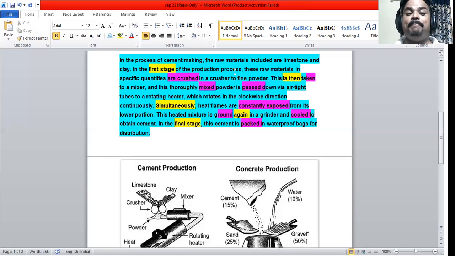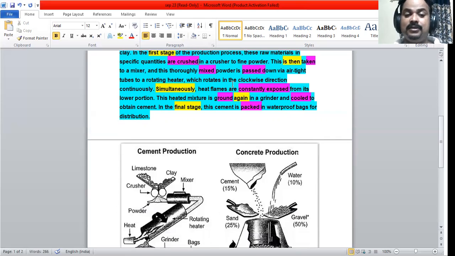This is then taken to a mixer and thoroughly mixed. This thoroughly mixed powder is passed down via airtight tubes. If the tubes are leaking, the powder will be spread out, so the tubes are leak-proof, airtight tubes, passed down to the rotating heater, which rotates in a clockwise direction.